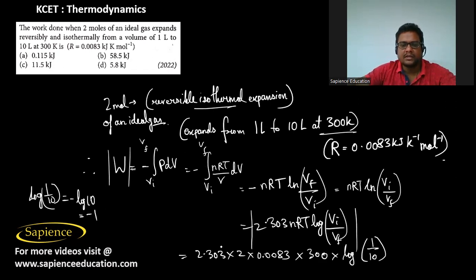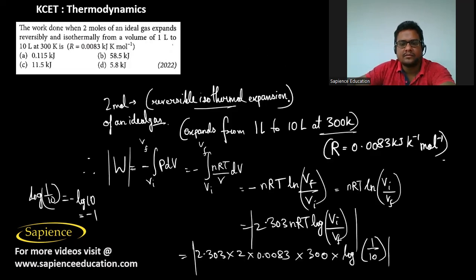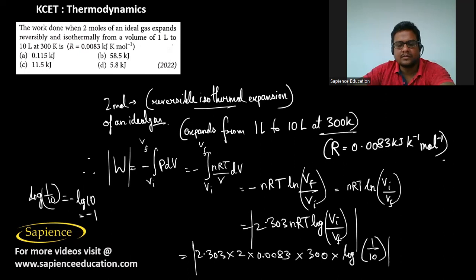We have to take its mod only, so we can write it simply as plus 1. So the magnitude of the work done is 2.303 into 300 into 0.0083 into 2.